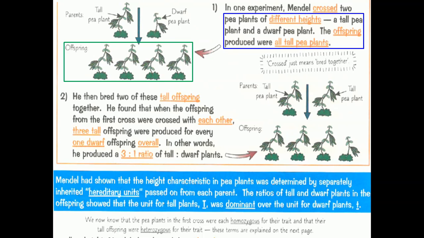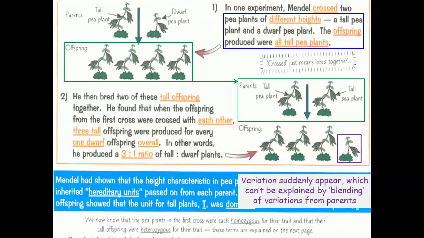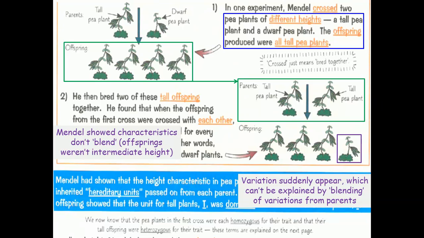And then he took 2 of these tall pea plants from the offspring and crossed them together, and he was expecting the offspring to also be tall, but he found that some of them were dwarf plants. So suddenly there was a variation that appeared which can't be explained by blending. So Mendel showed that characteristics don't blend.